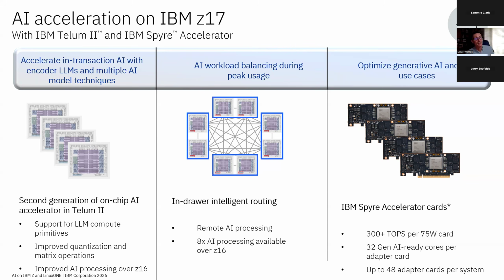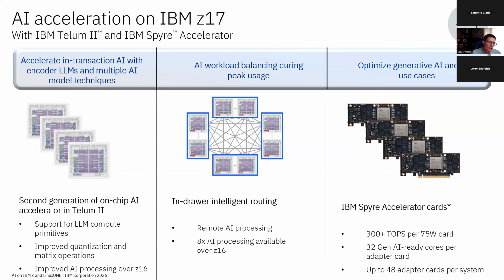An integer 8 has a much lower precision level, but if I use some very creative techniques, I can get that model that uses integer 8 to be almost as accurate as the one that used floating point 32, but it runs a whole lot faster with the smaller inputs. That's the idea of quantization, and the chip supports improvements in that space.